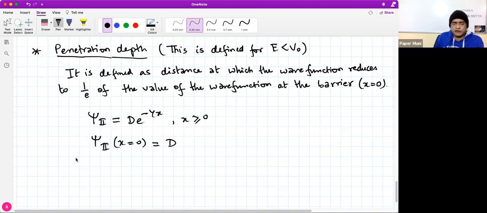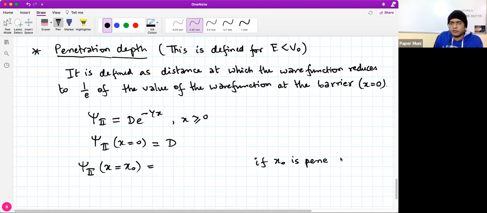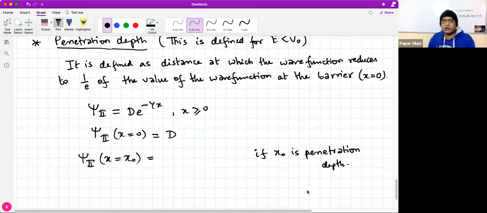Now it says that the value of the wave function becomes 1 by e at some distance. Let's say that x naught is the penetration depth.